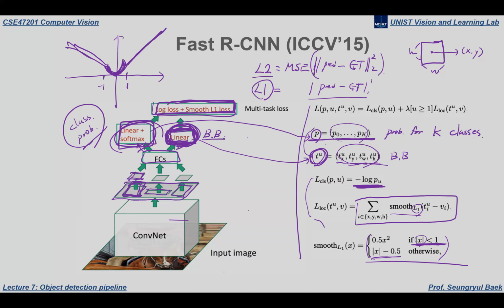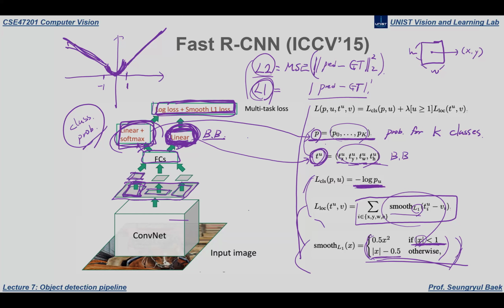But if they are far, then they want to apply L1 loss. So this is practically working well for object detection, their bounding box estimation. So they are using this loss, but you can regard this as just L2 or L1 loss. They are somehow combining them, but not much gain actually. So don't worry too much about these things.